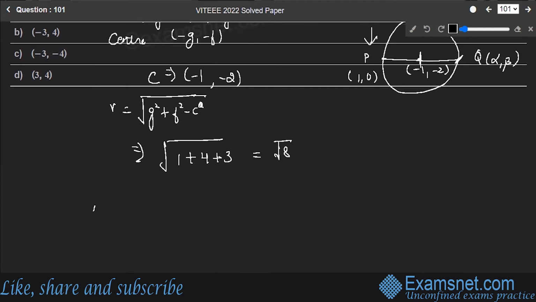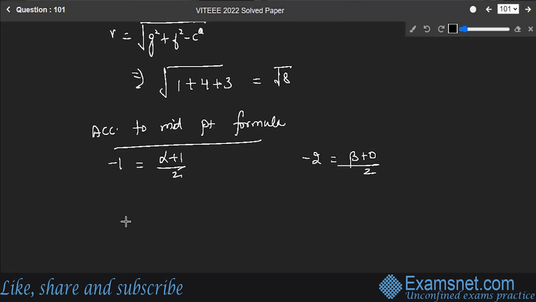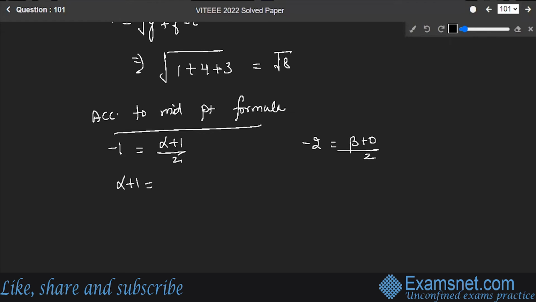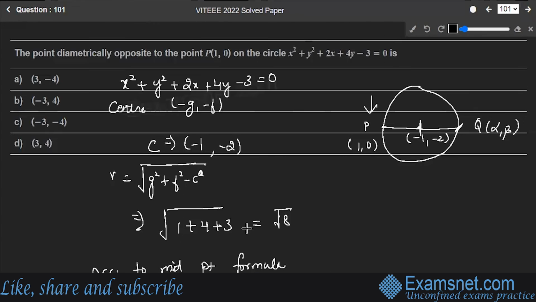According to the midpoint formula, minus 1 is equal to (alpha plus 1) upon 2 and minus 2 is equal to (beta plus 0) upon 2. That gives alpha plus 1 is equal to minus 2, so alpha is equal to minus 3, and beta is equal to minus 4. So the point diametrically opposite to the given point (1, 0) is (minus 3, minus 4). This is the answer to the question, option C.